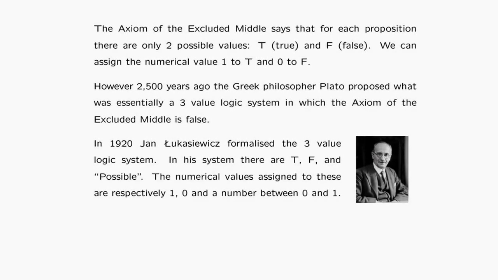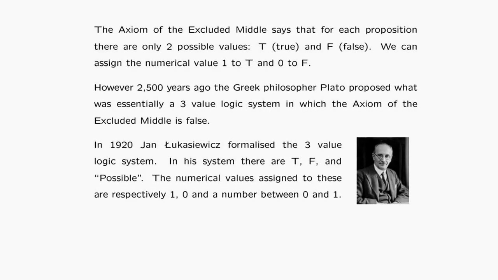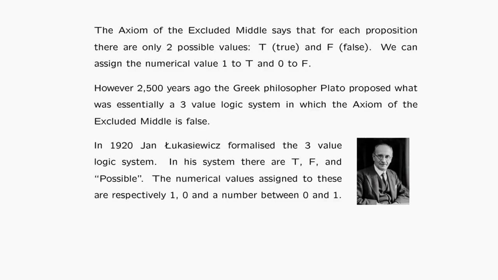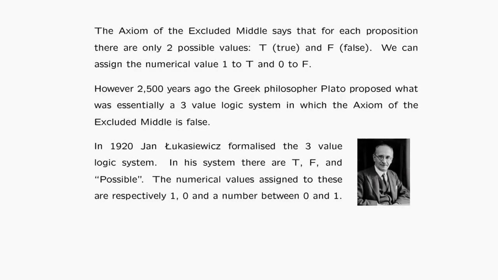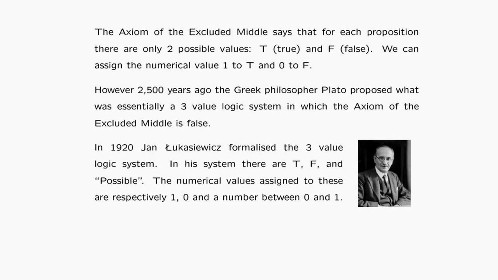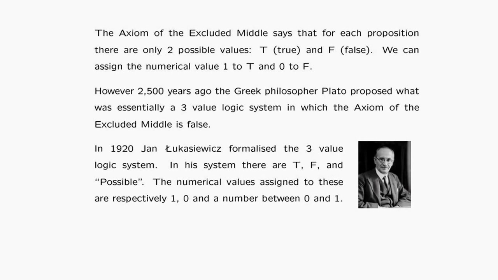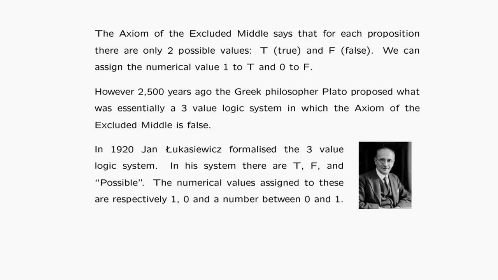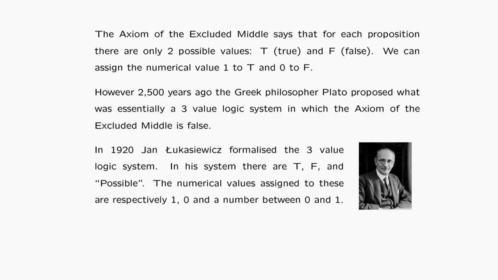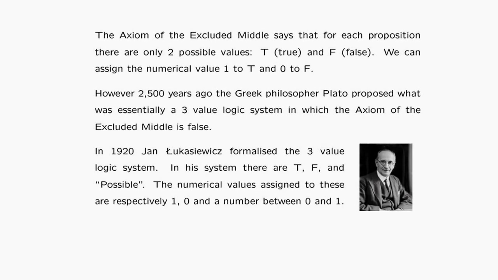In 1920, Łukasiewicz formalized the three-value logic system. In his system, there are T, F, and possible. The numerical values assigned to these are respectively 1, 0, and some number between 0 and 1, for example, a half.